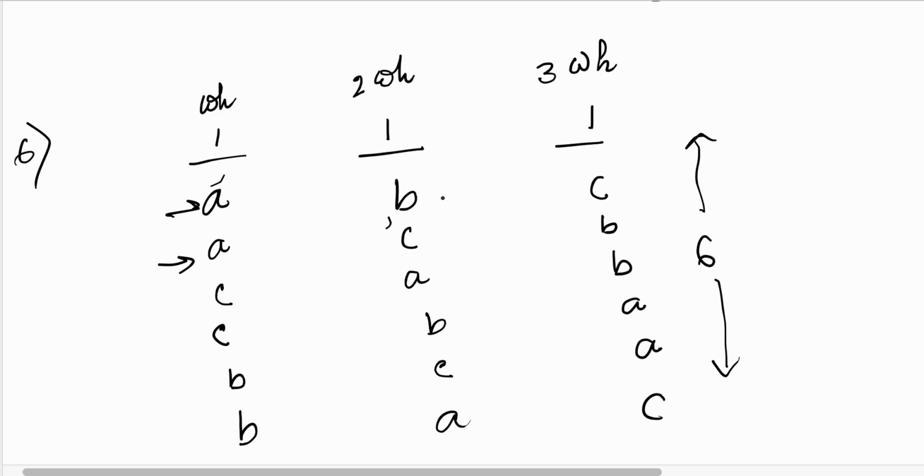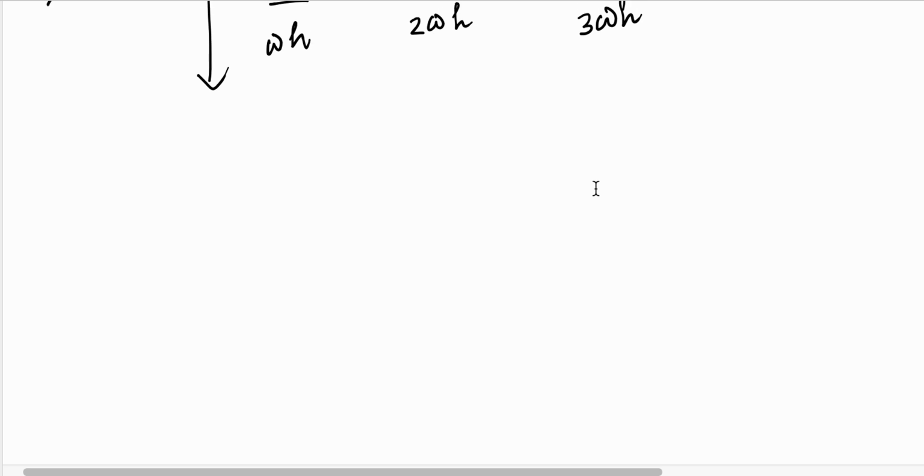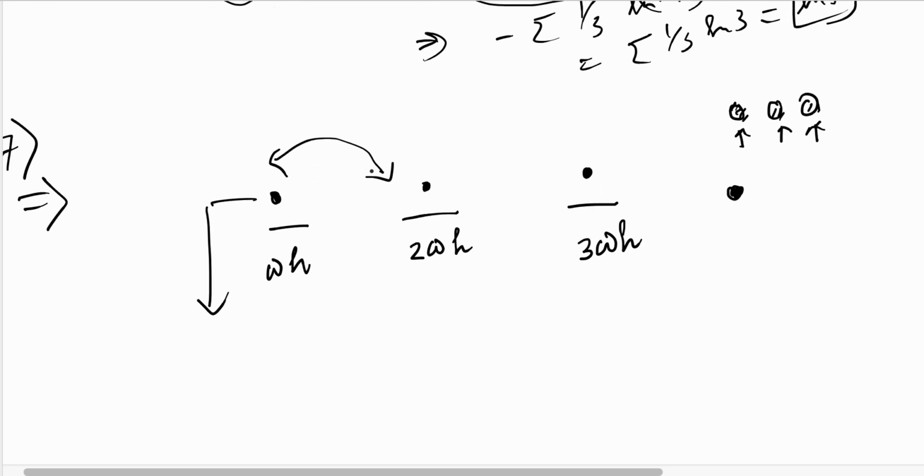B and C are distinguishable, but in the case of identical marbles, if I swap these two, the microstate remains the same.